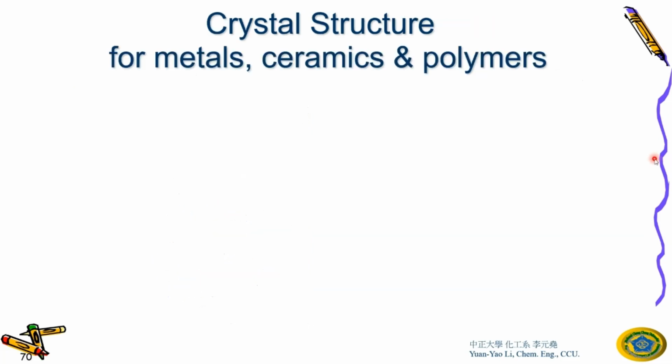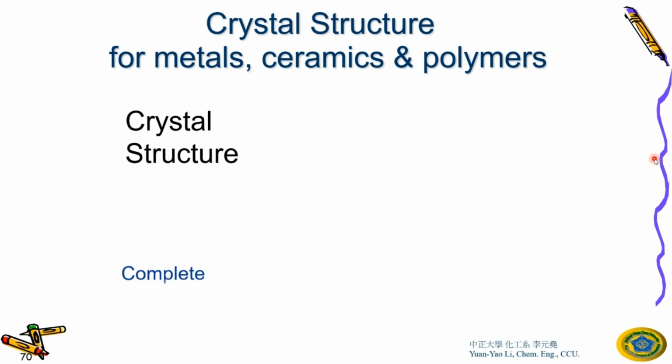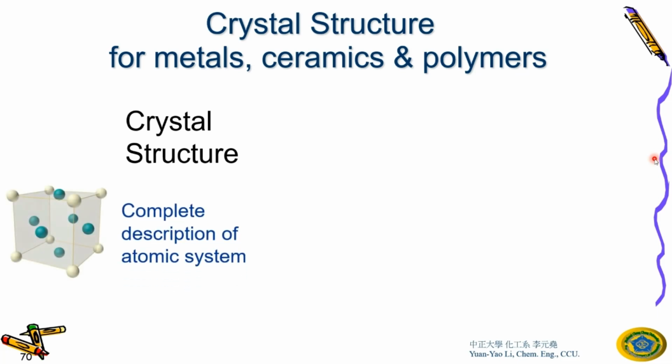Okay, and that's what I'm going to tell you: the crystal structure of metals, ceramics, and polymers. Actually, crystal structure is a combination of 2 factors. This crystal structure is a complete description of the atomic system.